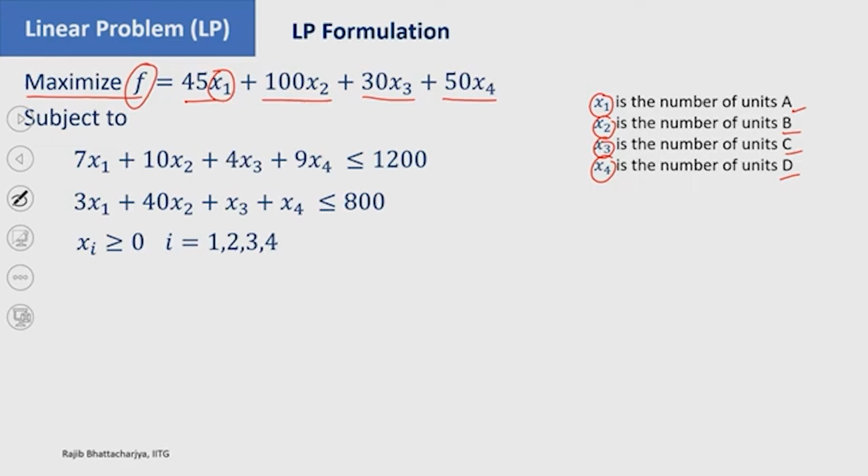So, the lathe machine is available for 1200 minutes. So, therefore, if I produce x1 of A, then how many minutes do I need? I need 7 minutes. Okay.